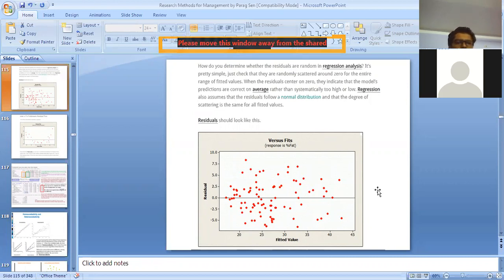That's why it supports your linear regression. It means if you get a plot or graph like this, residual versus fit, it supports your linear regression, or it supports your linear assumption.